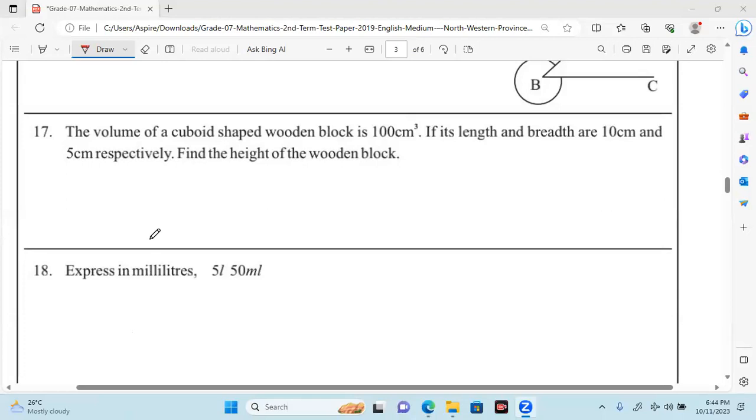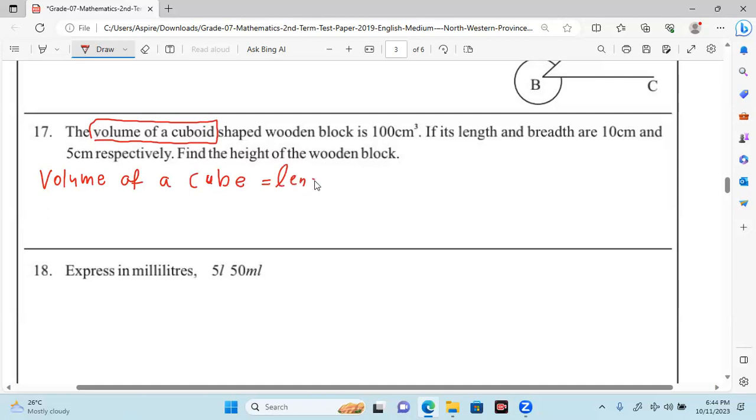Remember that the volume of a cube or cuboid is obtained by length multiplied by breadth multiplied by height.